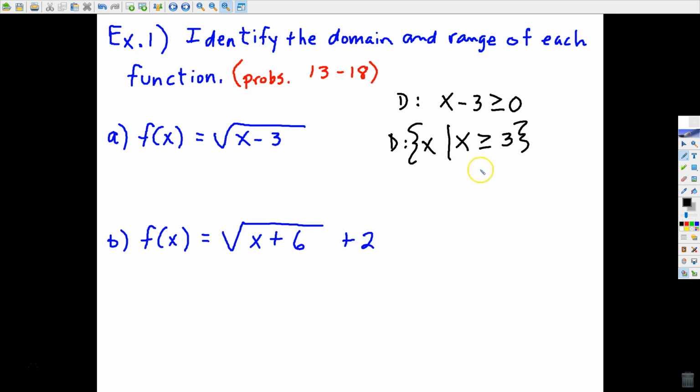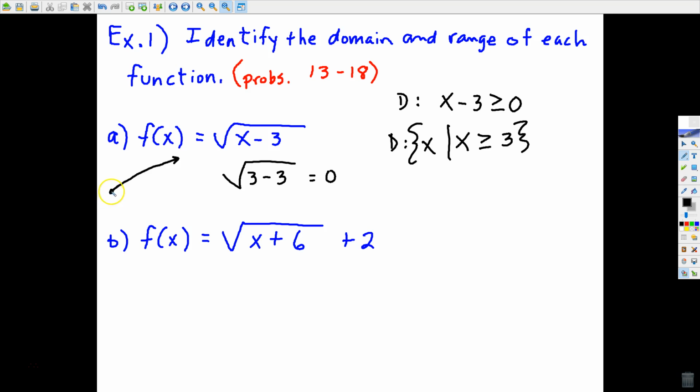Now, when it comes to the range, you can use this number as an input into your original function. Since I got greater than or equal to 3, I'm going to do x is 3, and I get the square root of 0, which is 0. And since this function is not reflected, remember the parent, this left end point is actually the bottom point of the graph.